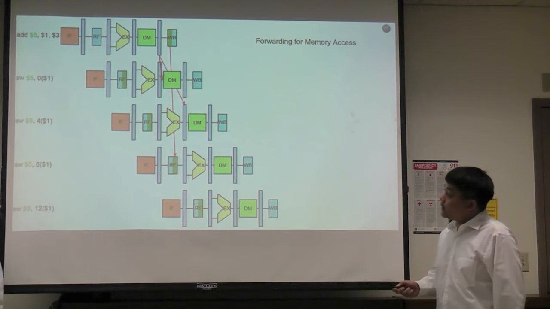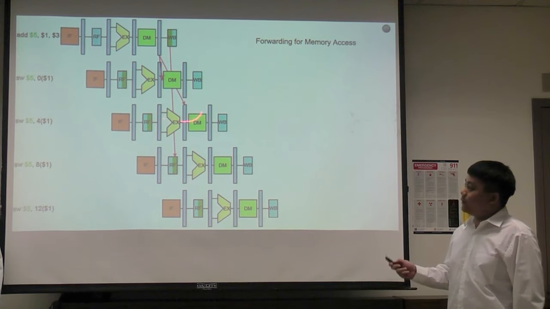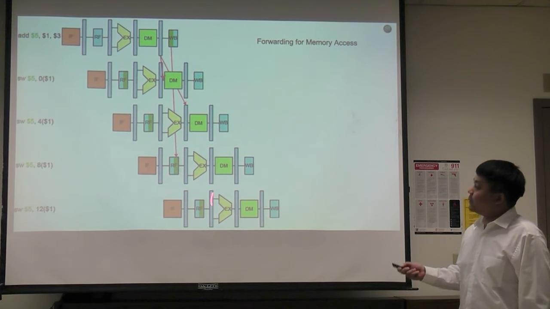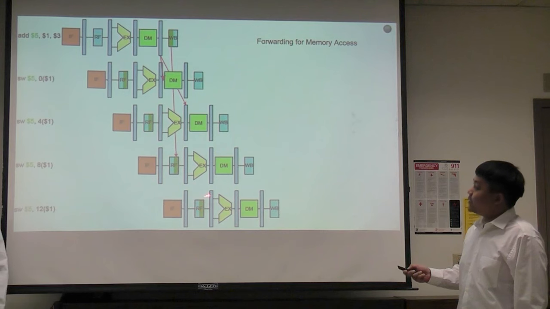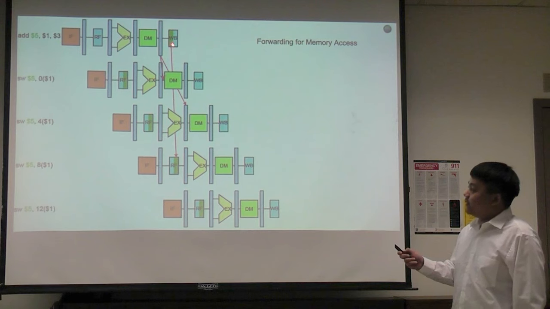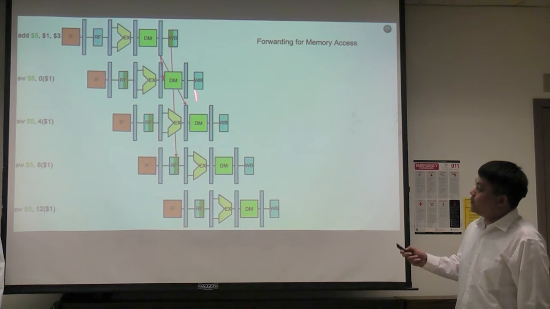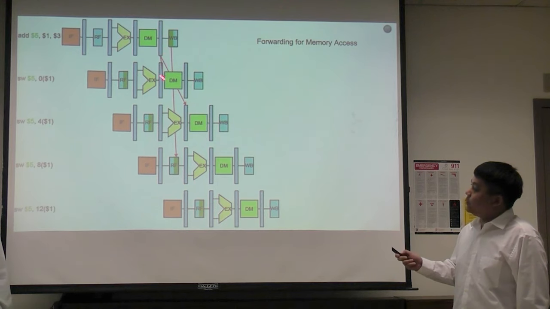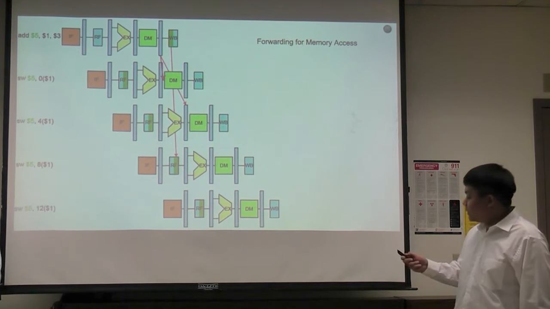Similarly, you also have to forward for memory access. Just like before, this instruction is good because it takes the data from the register file after it's written back. This is good now because of our modification of saving the data on the negative edge of the clock, and these 2 instructions are forwarded from this pipeline register to their respective locations.